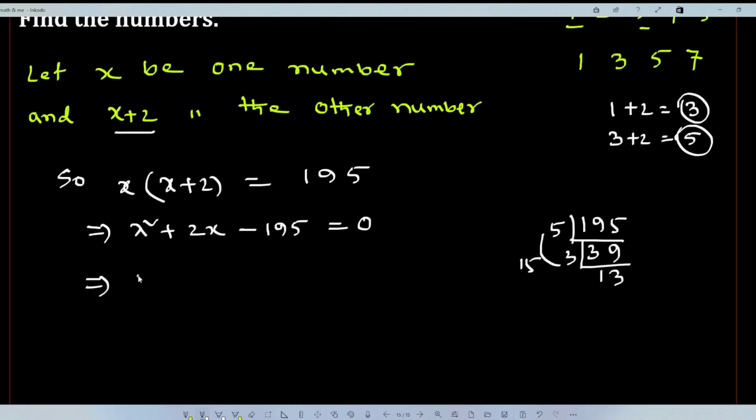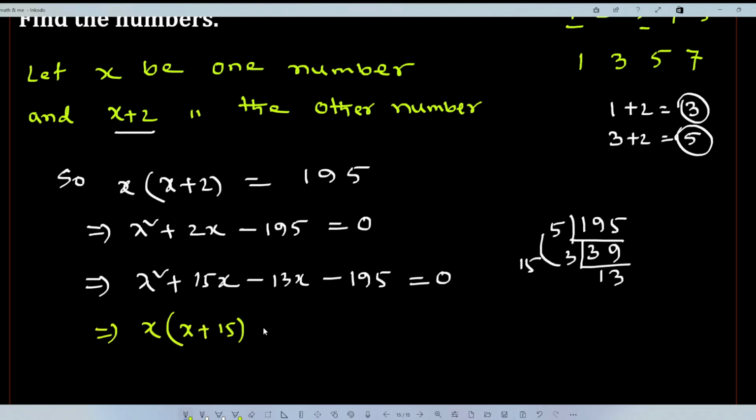So we can write x square plus 15x minus 13x minus 195 equal 0. If we take x common, x times x plus 15, and then minus 13 common, x plus 15 equal 0.